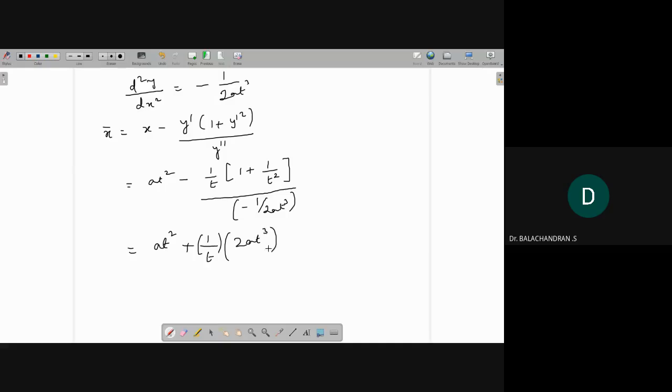We need to write at least this step. Usually the students will not write this step because they know that this is 2at square, but from my point of view, I need to write this step, as maybe some other students don't know. Now you will tell: at square plus 2at square minus 3at square plus 2a.